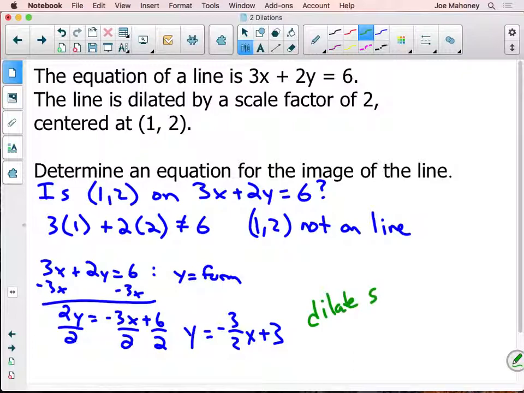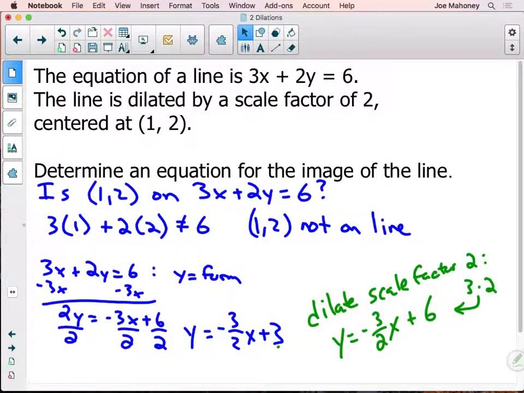Dilate with a scale factor of 2. When I dilate by a scale factor of 2, the slope stays the same because the lines are parallel. So it's still going to be y equals negative 3/2 x, but the y-intercept is what's going to change. My y-intercept right now is 3.